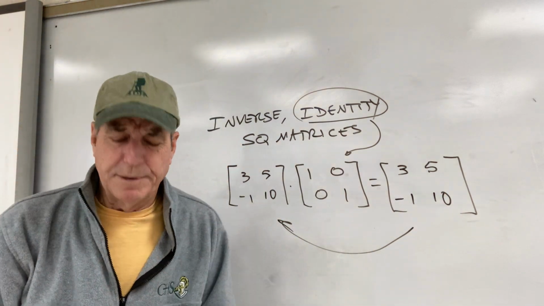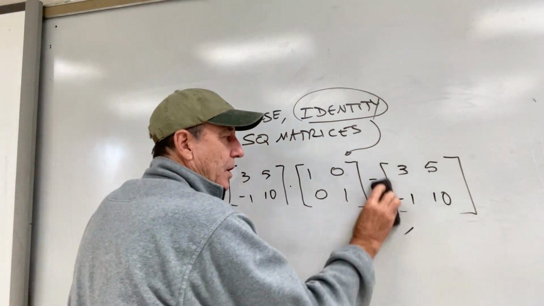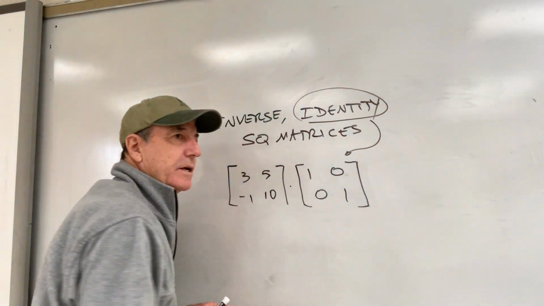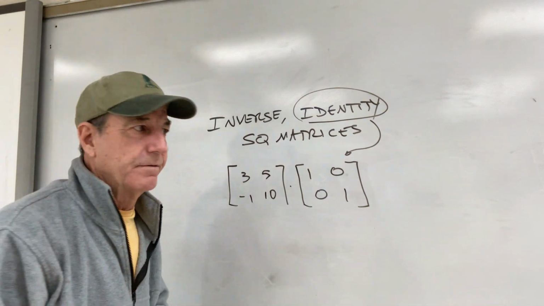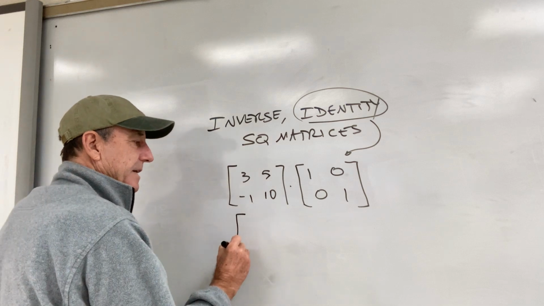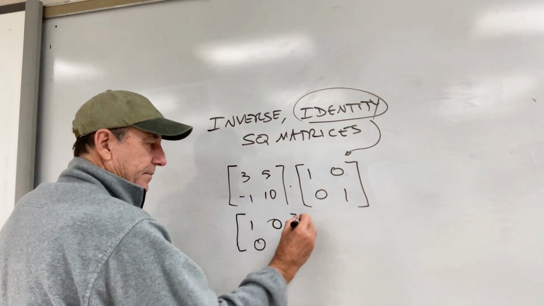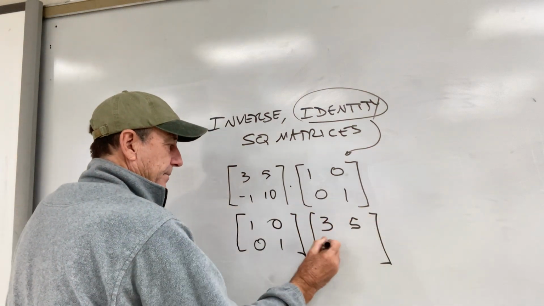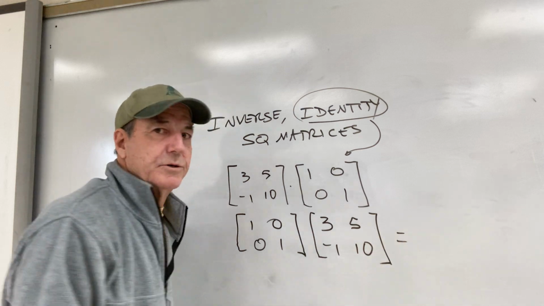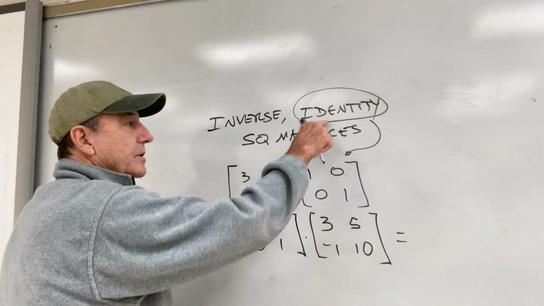Now, the intriguing thing about this identity is it is one of the few cases where it doesn't matter the order of operations. So in general, matrix multiplication is not commutative. But in this case, it is. So if I put the identity on the left side here, I still get the original matrix A. In most cases, this doesn't work, but for this type of multiplication with the identity matrix, it does.